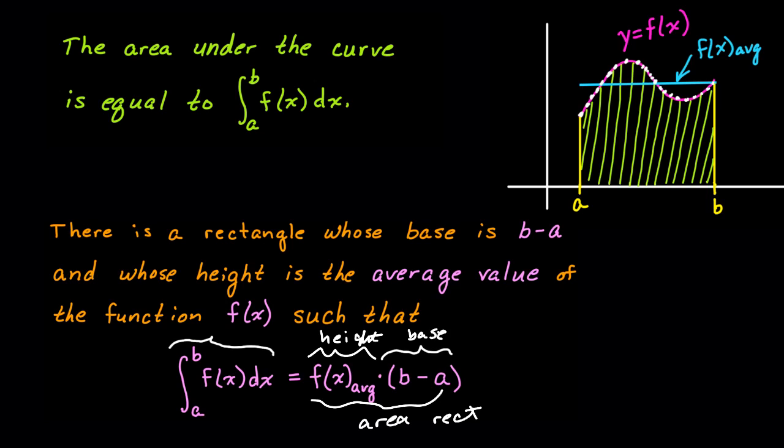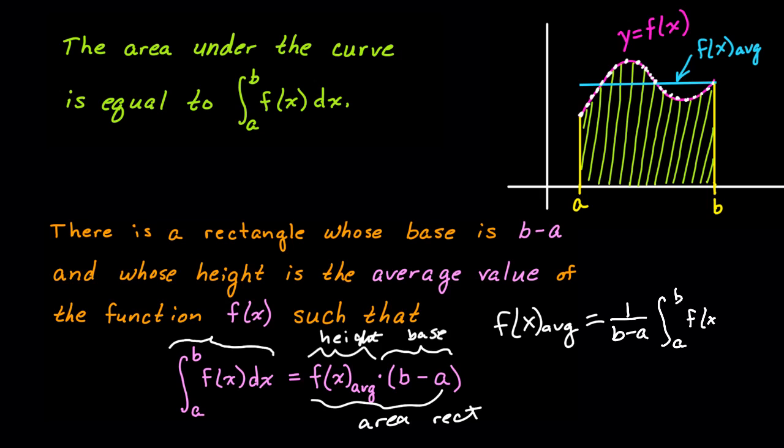Now, what if we set those two things equal to each other like we have in the equation here? What we're trying to do is figure out what the average value of f of x is equal to. If I'm trying to solve for this, I can move this parenthesis over to the other side by dividing, and dividing is the same as multiplying by 1 over that parenthesis.